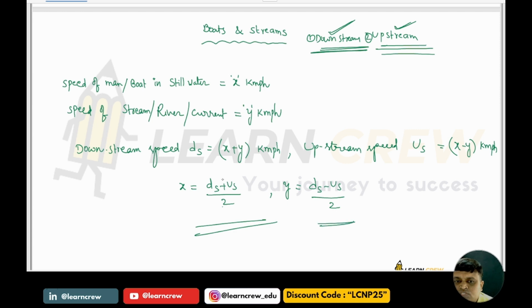So if you know the downstream speed and upstream speed, you can find the speed of the man or boat in still water and the speed of the stream. If the speed of the man or boat in still water and the stream are given, you can find downstream speed and upstream speed with the given formula.